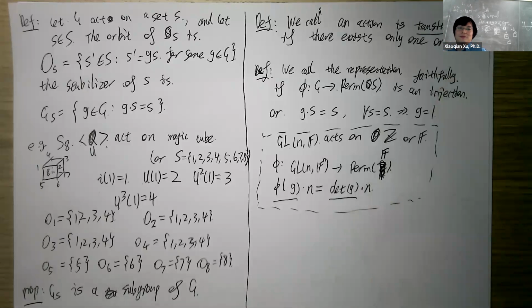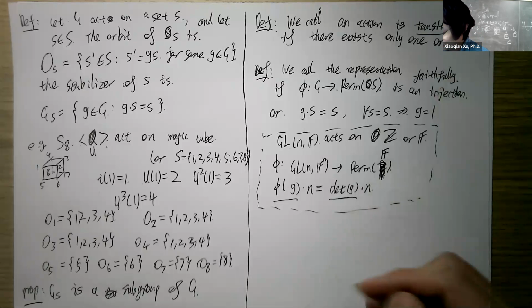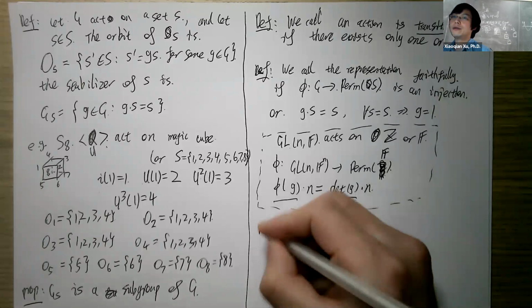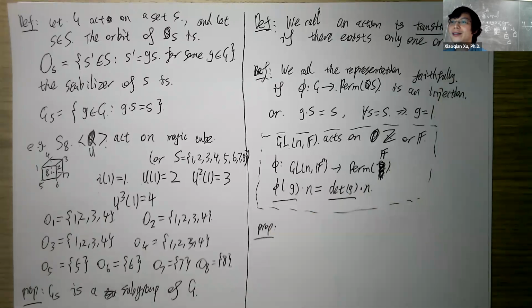Let me tell you why this kind of group action or group representation is so important for us. One of the reasons is it can help us to do something like counting of elements.